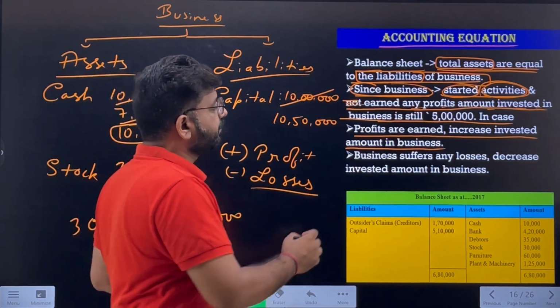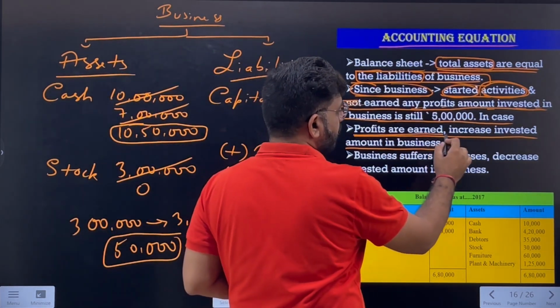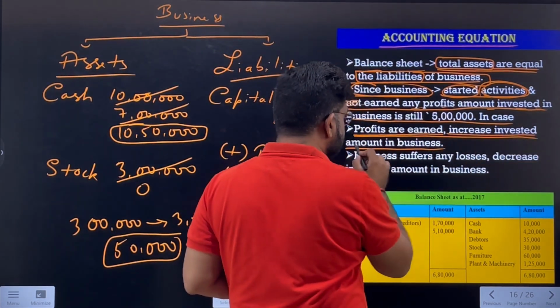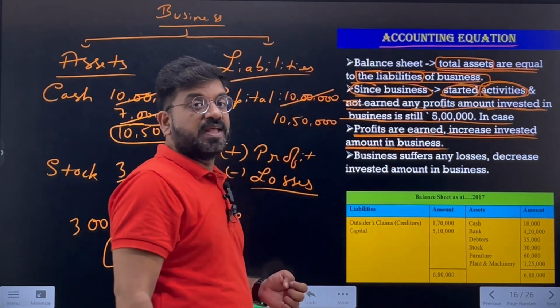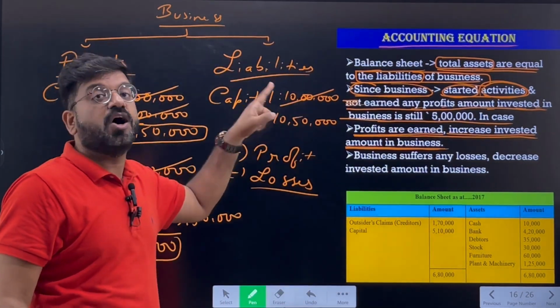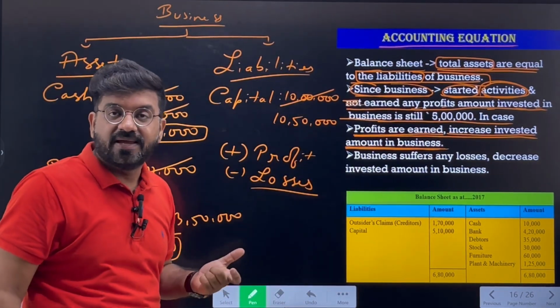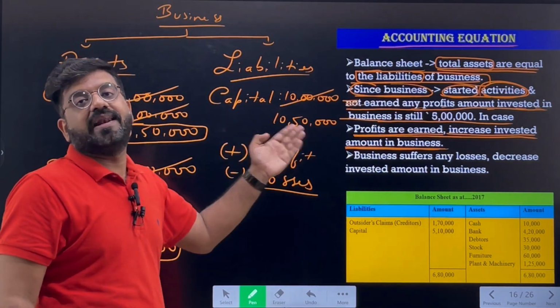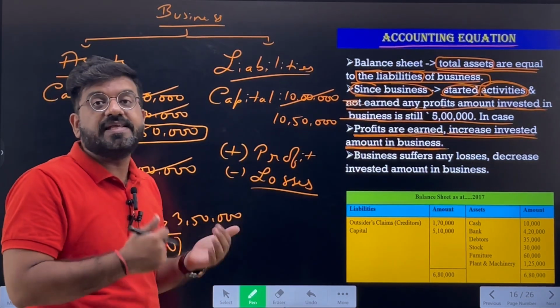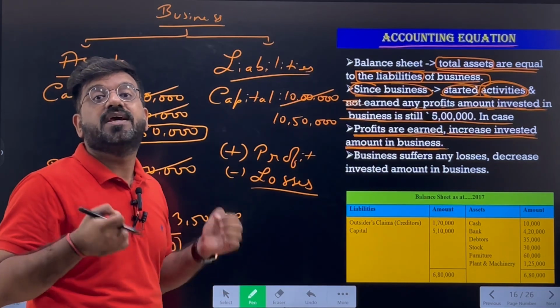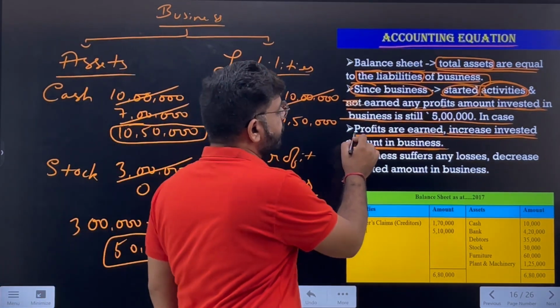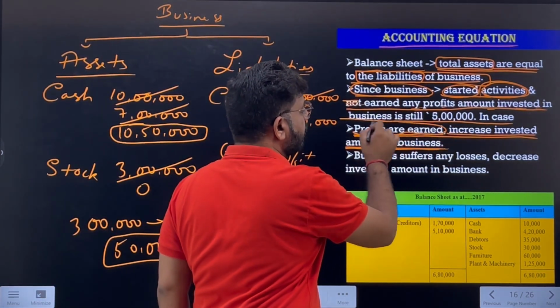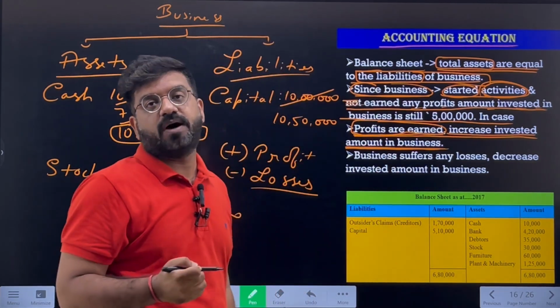It has been written, if profits are earned, it increases the invested amount in business. The invested amount earlier was how much? It was 10 lakhs. Now it has increased from 10 lakhs to how much? 10 lakh 50,000. So there is an increase of 50,000 due to the profits. So it has been written, the profits earned will increase the invested amount.